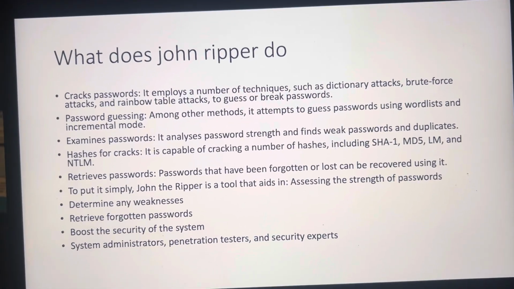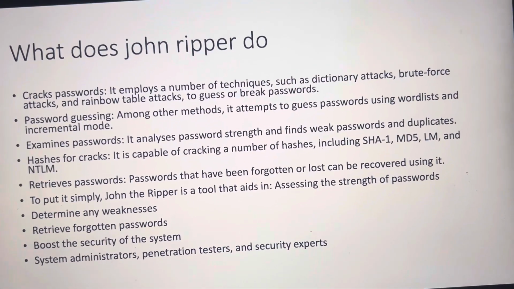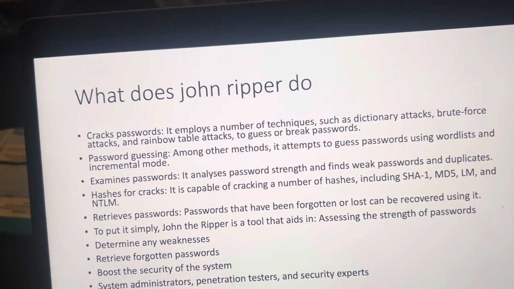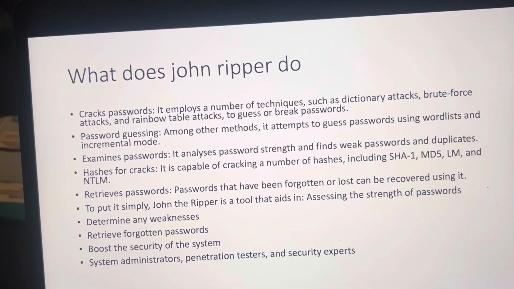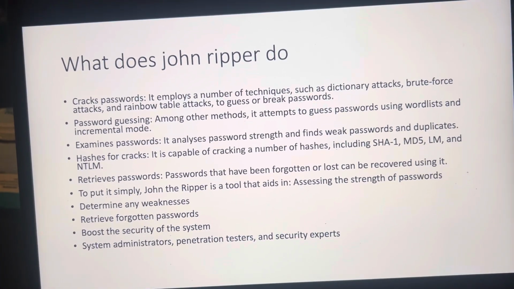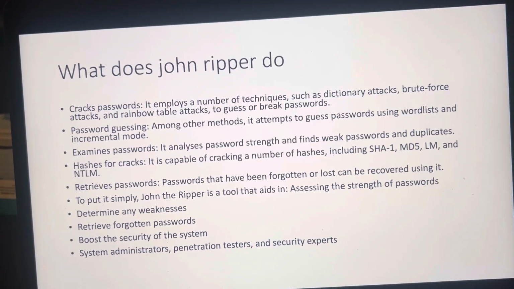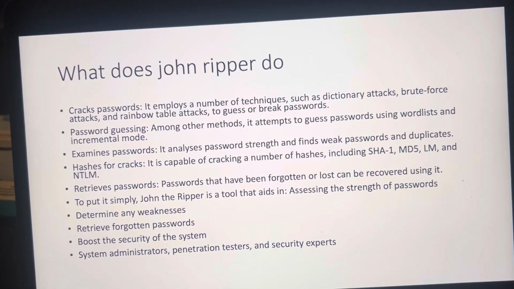It can also test password strength, and spot duplicate passwords, which is risky because if one gets hacked, all accounts using it are vulnerable. It also recovers forgotten passwords.